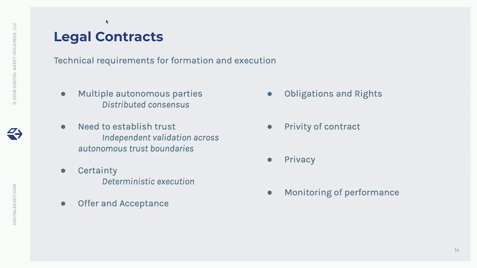Certainty means that our operation has to be deterministic. We can't bring in random state from outside of the contract. Offering and acceptance imposes an obligation on us to find a way to model consent, because we have to have some way of consenting to a contract, or we can't form it.